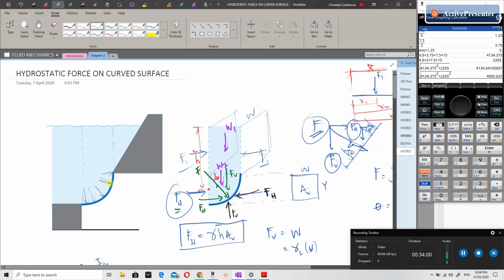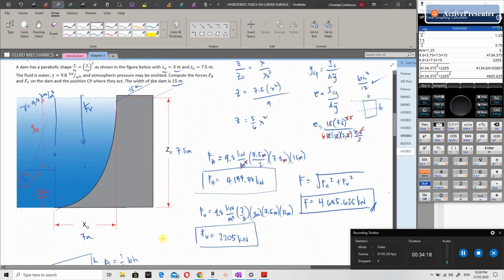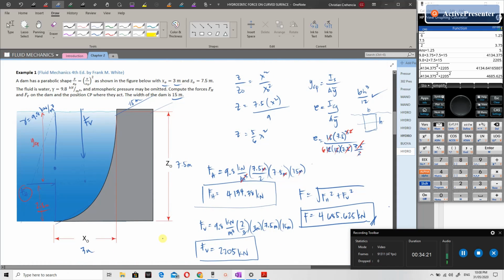So, we expect na yung resultant natin will pass through the center ng circle. So, kung dumaan siya dito sa center ng circle, then we expect na yung resultant niya is naka-perpendicular kung saan mang points tatama. Okay? But in this case na parabolic yung gate natin, iba-iba yung direction nung force natin.